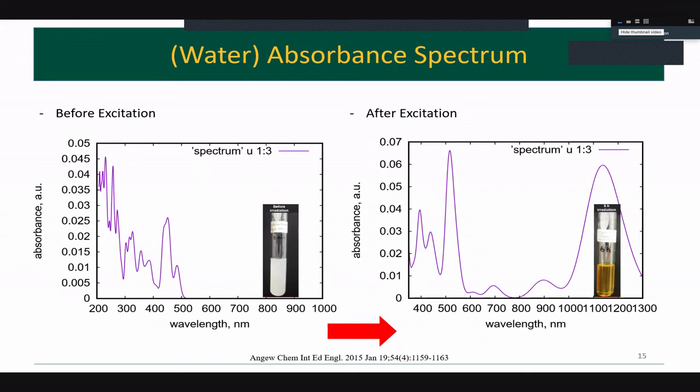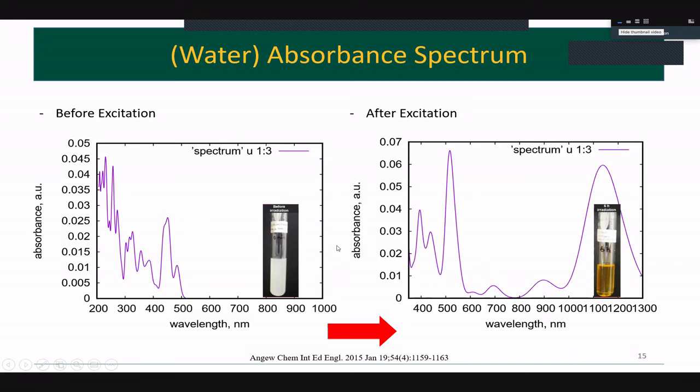I had mentioned we wanted to look at the absorption spectrum. In our case, quantitative calculations are possible, but we decided to go with the qualitative version, which is, as you can see here, the absorption before excitation, which is more in the blue area.